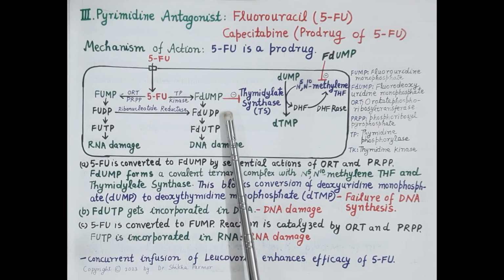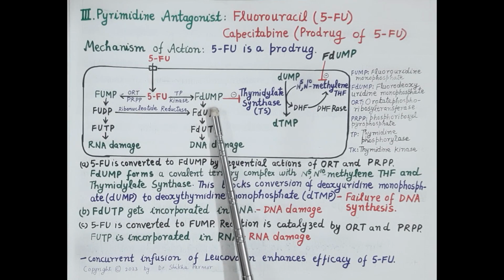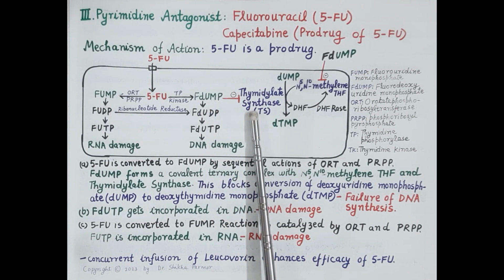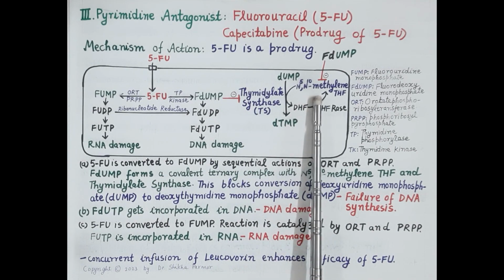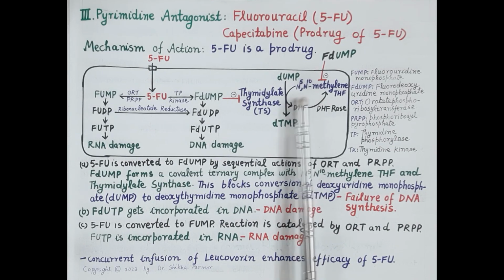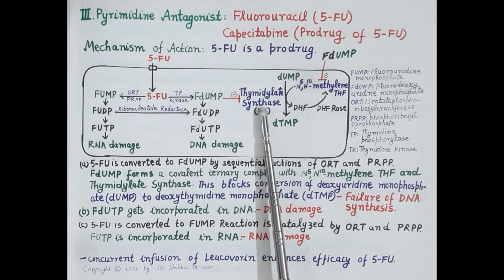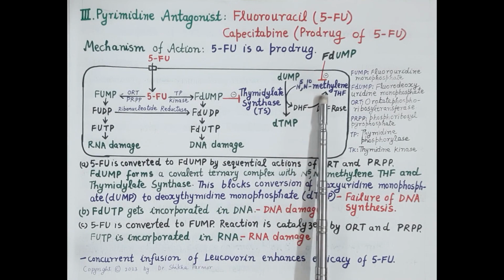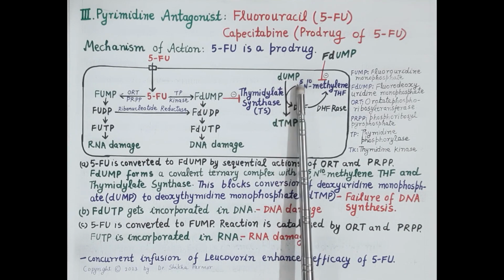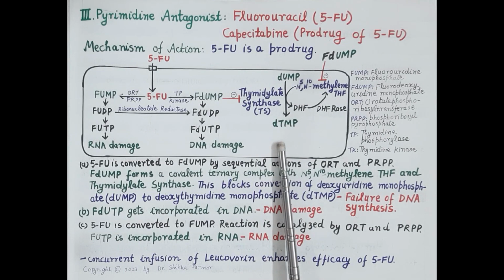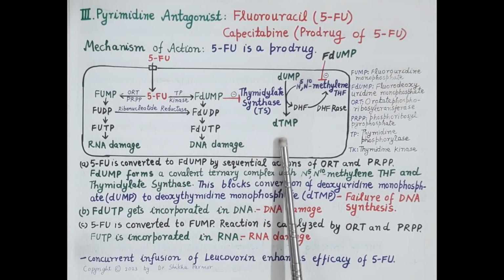Very important, this fluorodeoxyuridine monophosphate forms covalent bonds with thymidylate synthase and with the cofactor, that is N5-N10 methylene tetrahydrofolate. So complexation of this enzyme and this cofactor prevents the conversion of deoxyuridine monophosphate to deoxythymidine monophosphate.